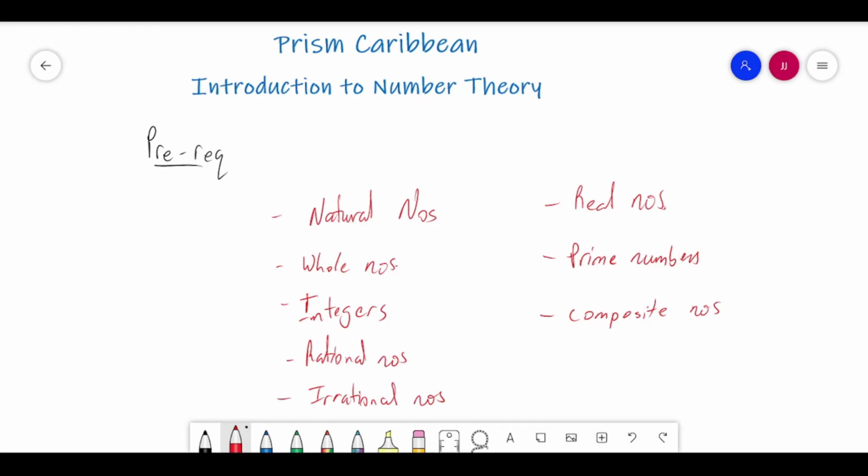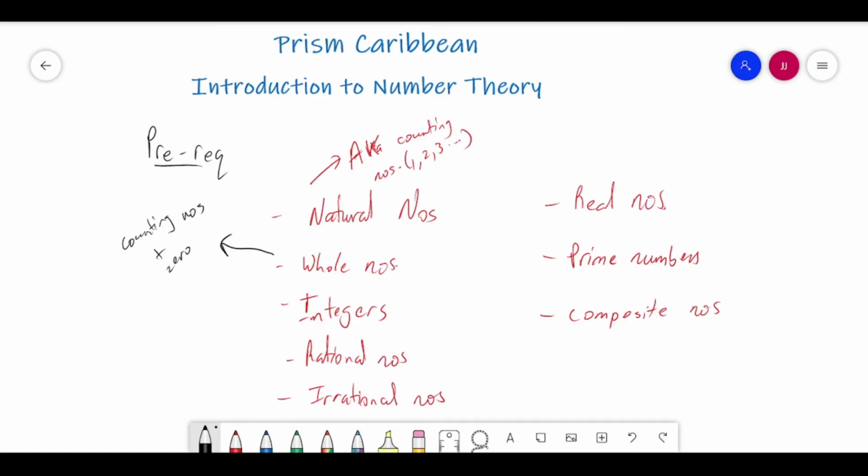Natural numbers, so these are basically counting numbers, right? Also known as counting numbers, like 1, 2, 3, etc. On the other hand, whole numbers include counting numbers and 0, right?